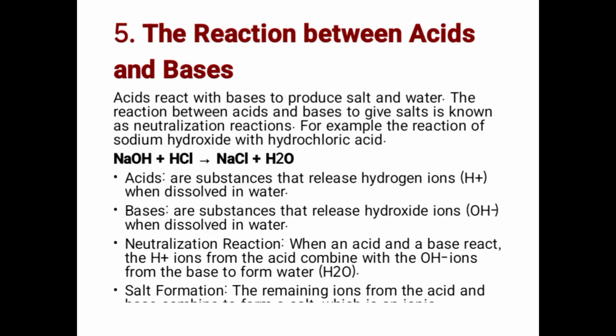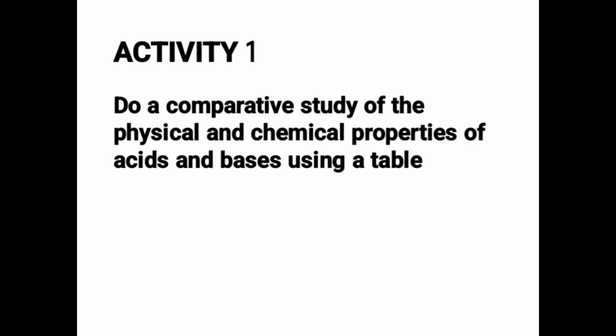The remaining part is the salt. Once H plus and OH minus come out from the acid and the base respectively, the other parts of the acid and the base combine together to form a salt. So this is where acid and base meet for this type of reaction.